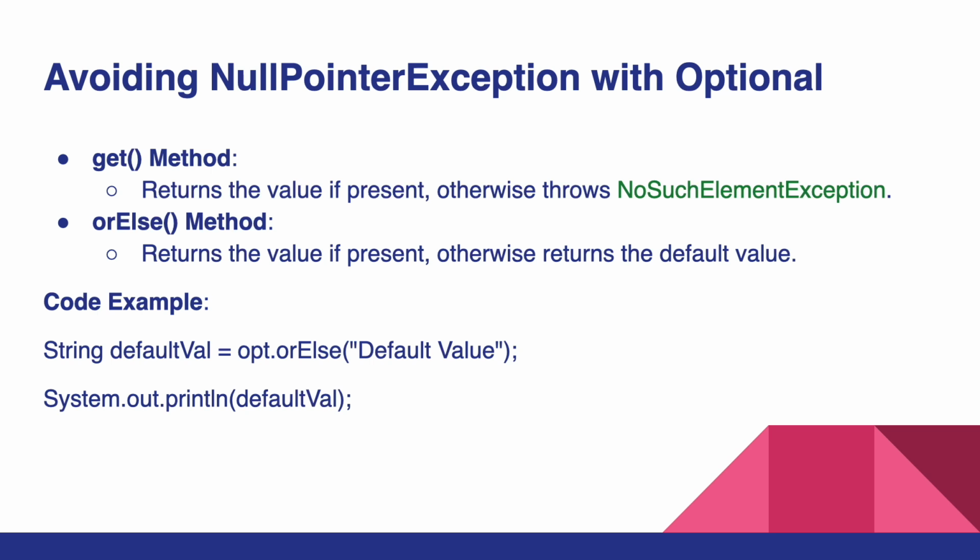Here is where Optional really shines. Instead of invoking methods on a potential null object, you can leverage the orElse method. It returns the value inside the Optional if present or provides a fallback value if not.